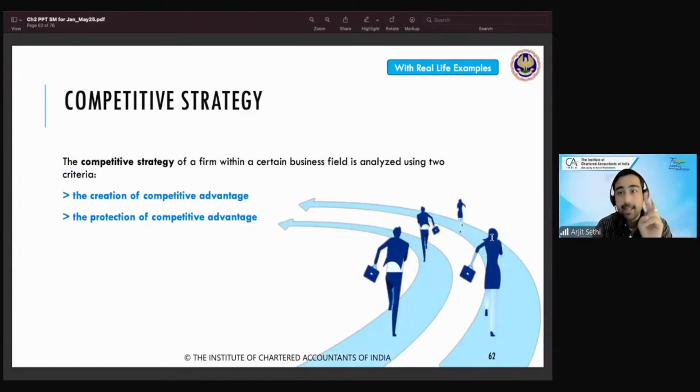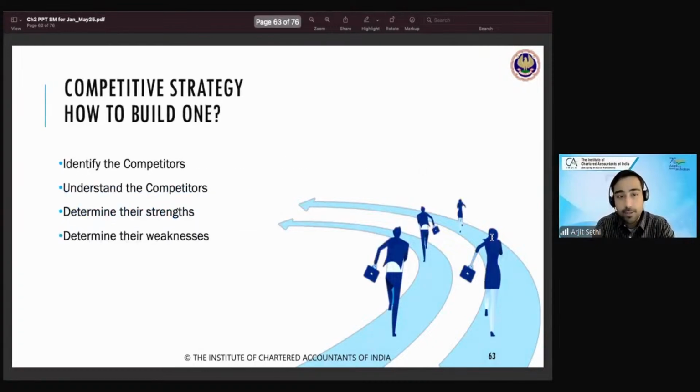Competitive strategy, creating a competitive advantage and protection of competitive advantage. Two things that a business does in competitive strategy are to create competitive advantage and to protect competitive advantage. Now, how do you build a competitive strategy? Michael Porter told you the 5 forces of competition which really create a competitive environment. But the question is, how do you then build a competitive strategy?